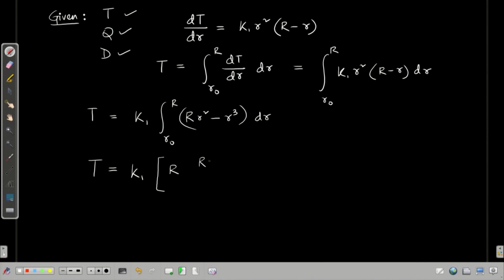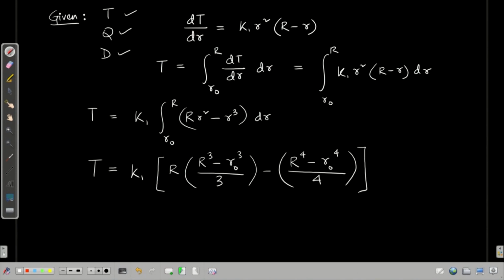So, (R cubed minus R0 cubed) by 3, minus R to the power 4, in this manner, by 4.